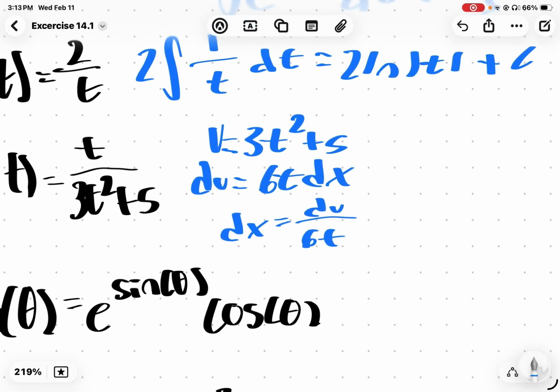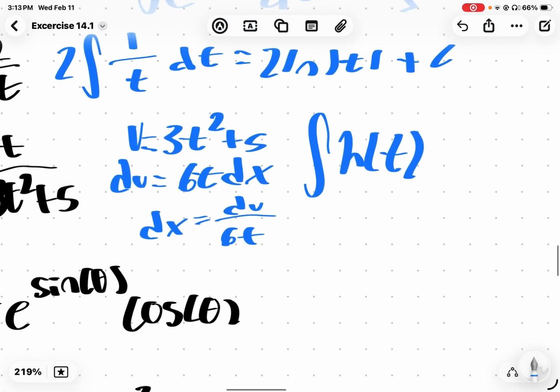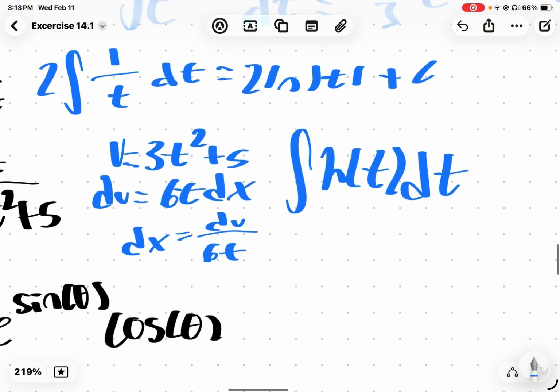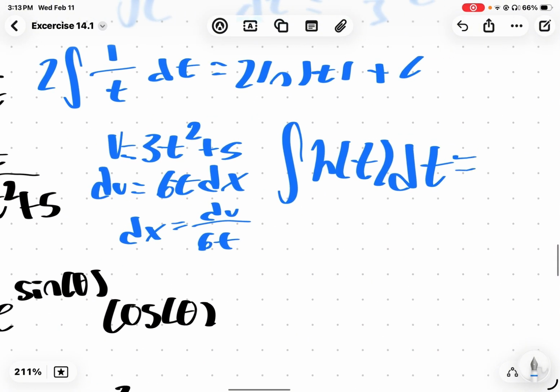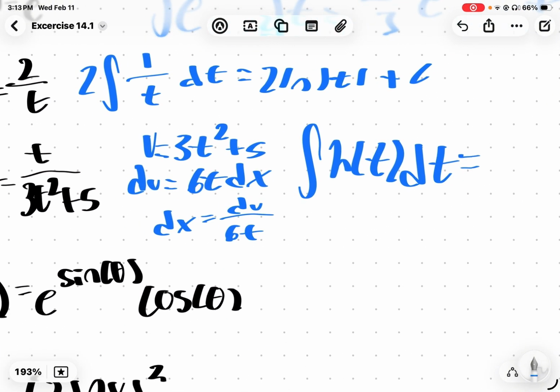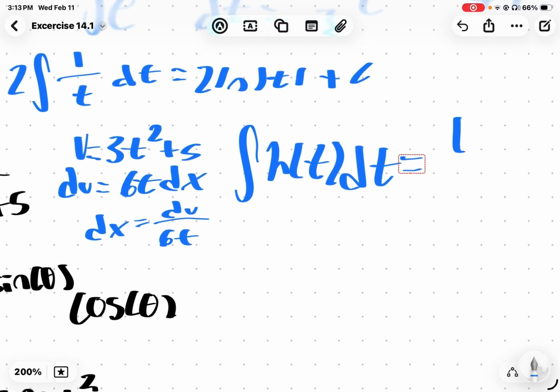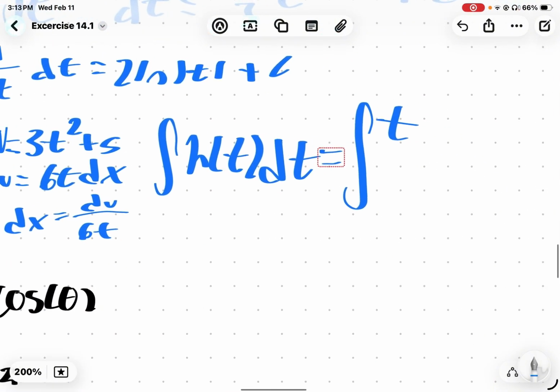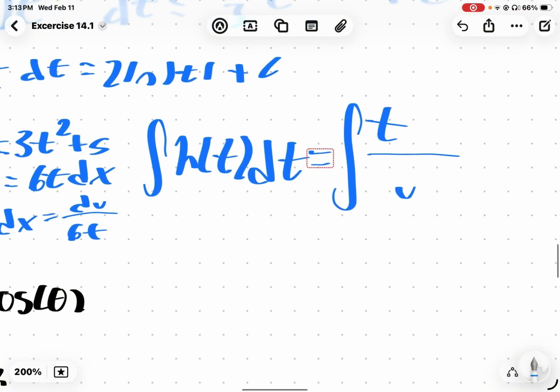So then we plug it in, the integral of h of t dt equals the integral of t over u.